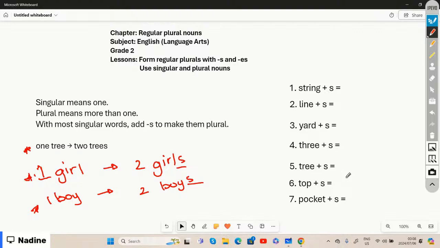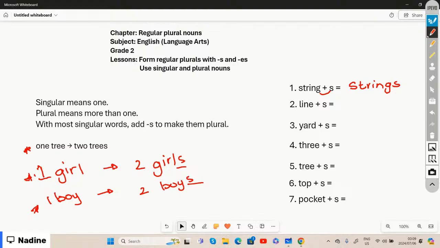I'm going to do the first one for you. It says string plus s. So string plus s is strings, because all we did was add an s to that word. If you look at the next one, number 2 says line plus s.